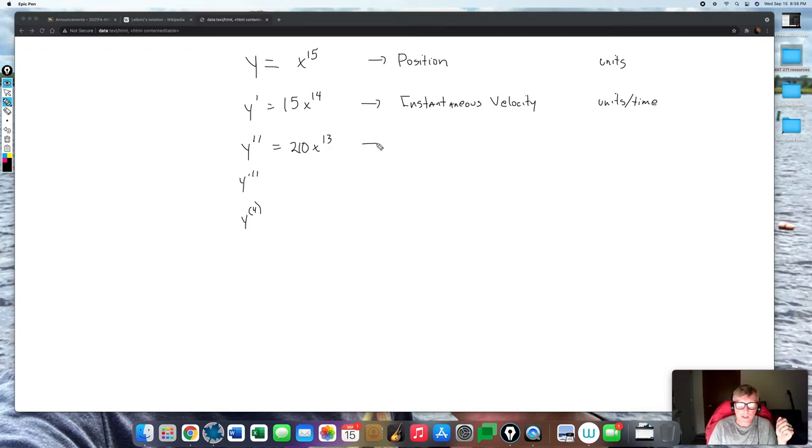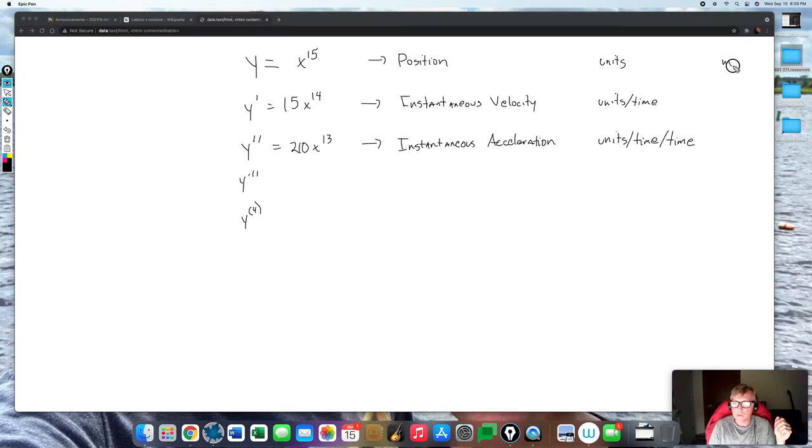And then the second derivative of position, or the derivative of velocity, tells you the instantaneous acceleration. And acceleration would be meters per second per second.